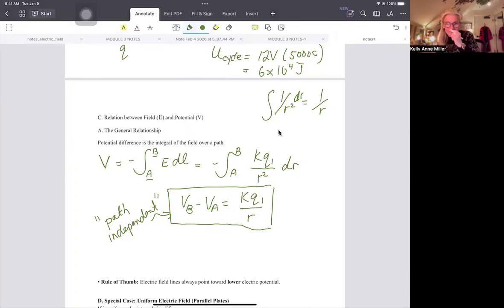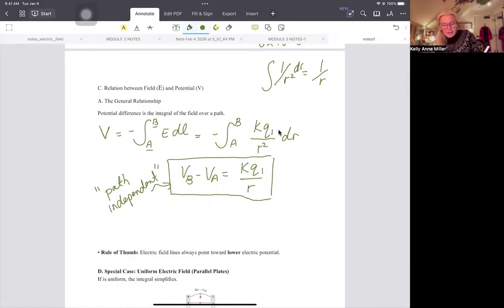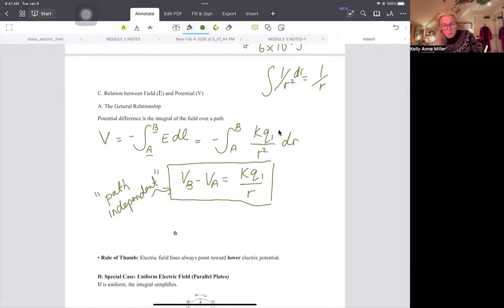In other words, let's say I have 2 points, point A and point B, and they're in some field. Let's say it's a constant electric field pointing to the right here.